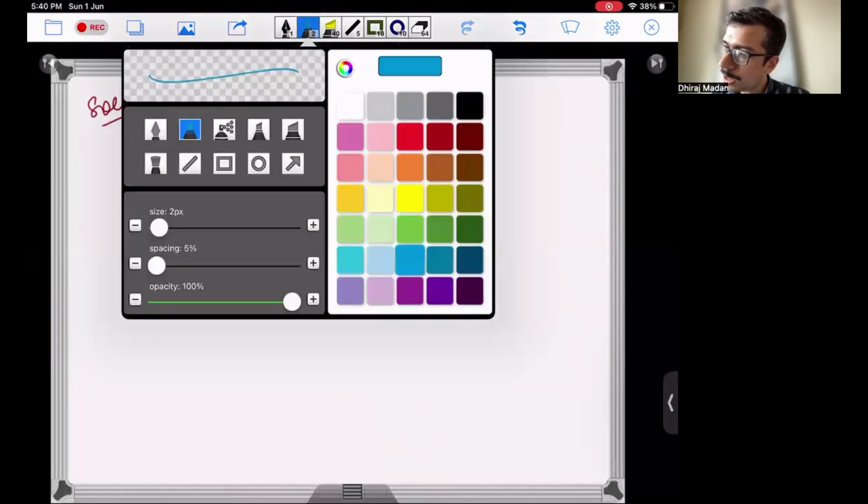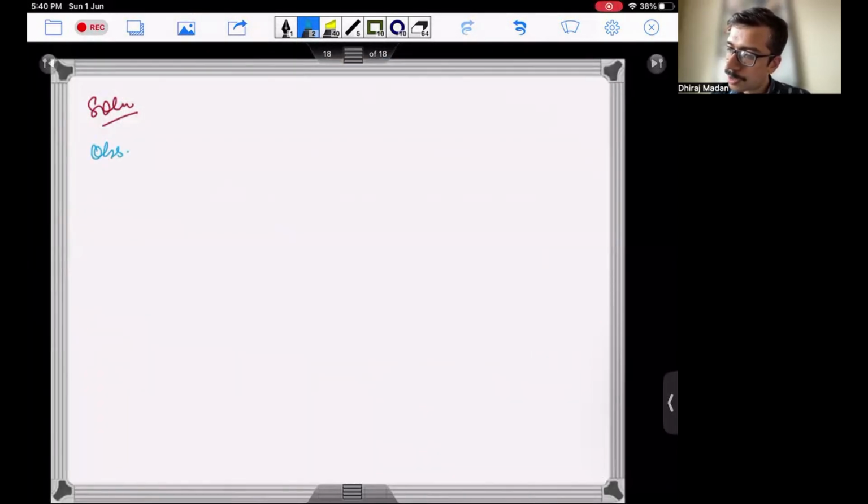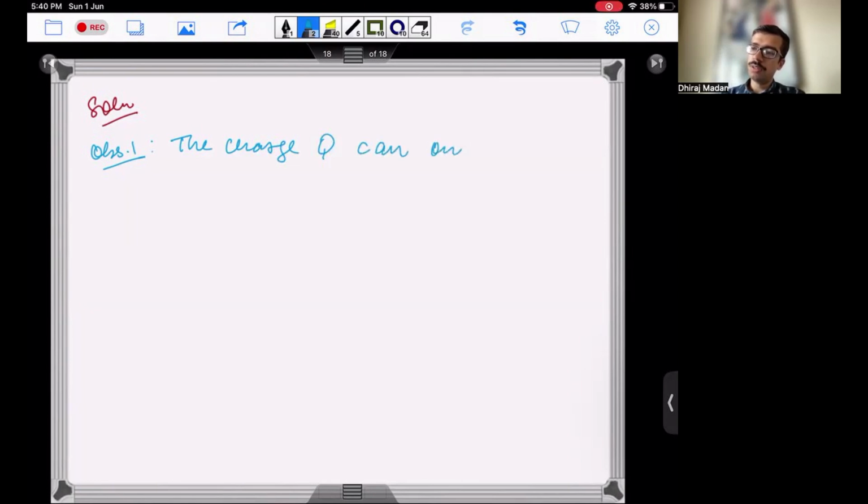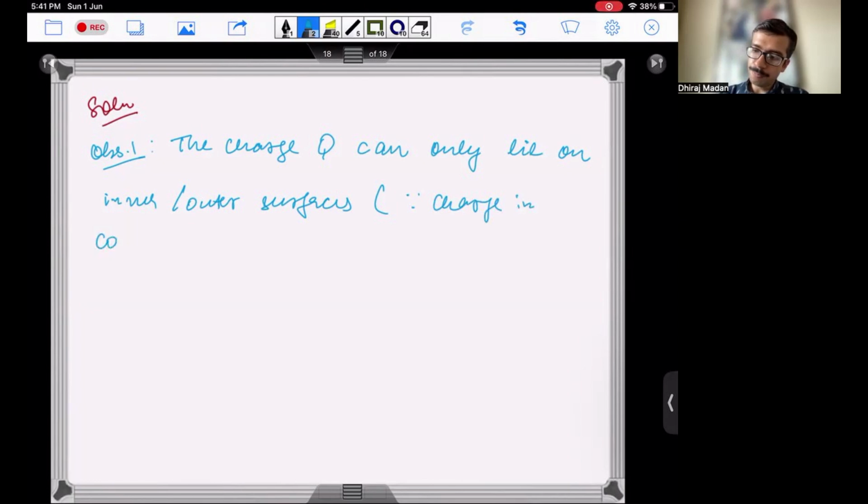The first observation is that the charge Q can only lie on the inner and outer surfaces, mainly that the charge in the conducting medium is zero.